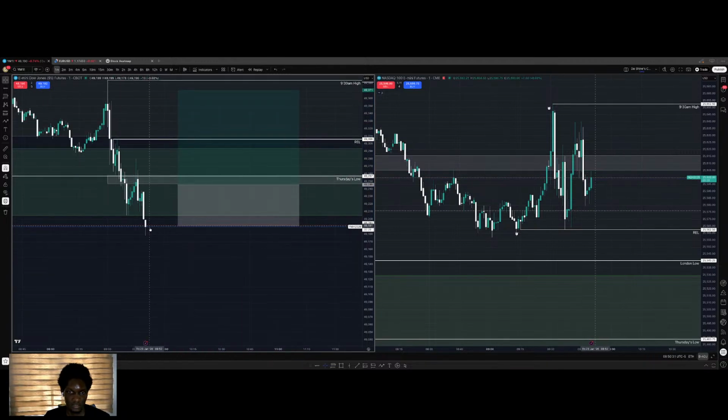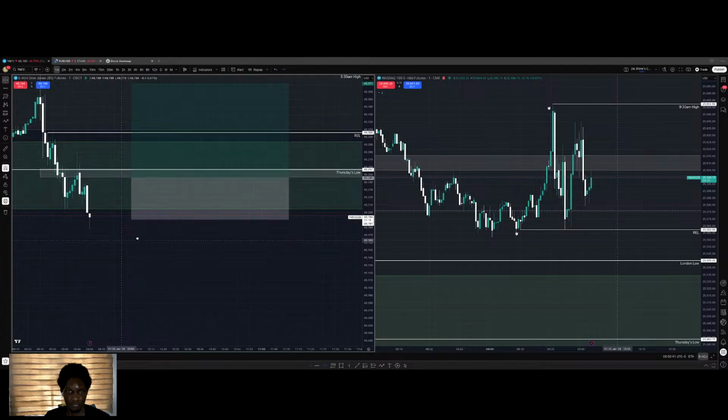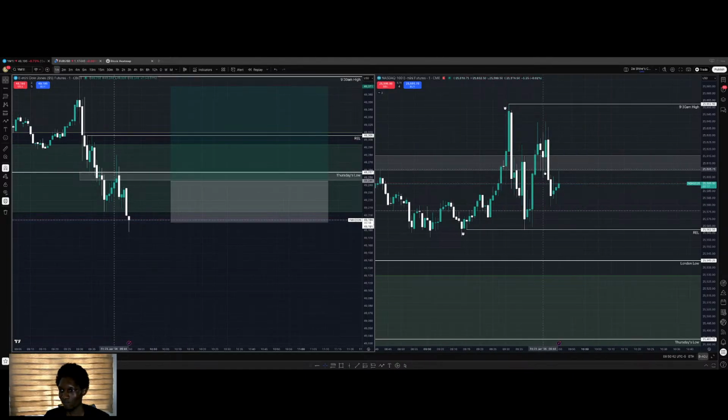So this is nice. I need to see an inversion here, a retracement, a close above here, inverting on the 5. Then I'll be buying that. So I still need this to sell to take out this low.